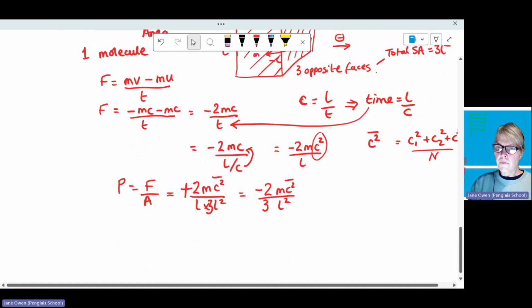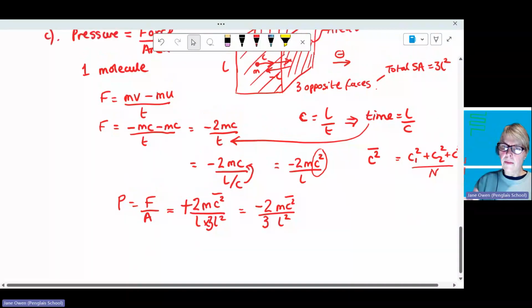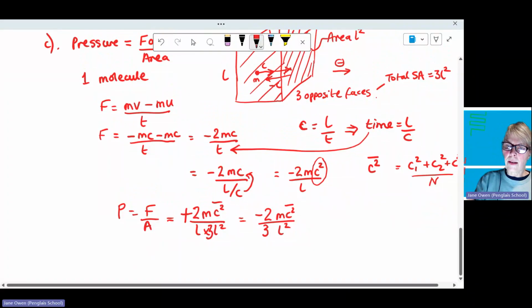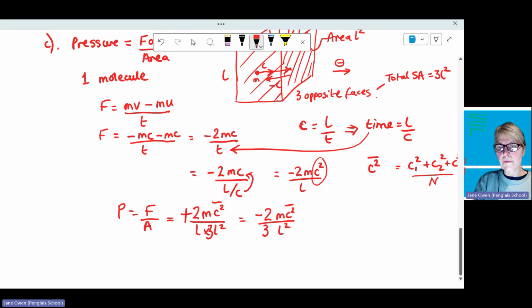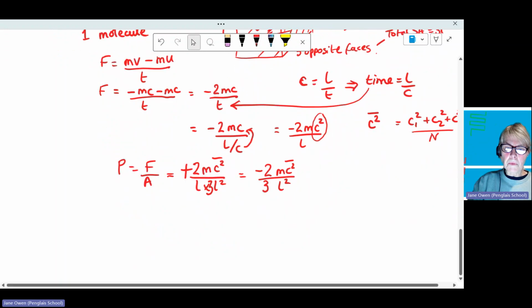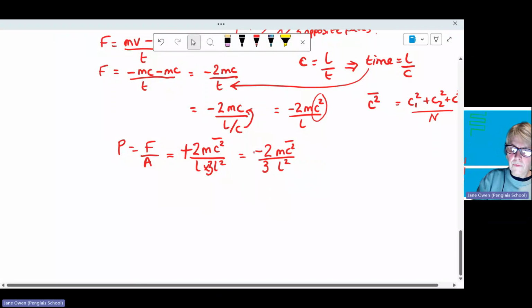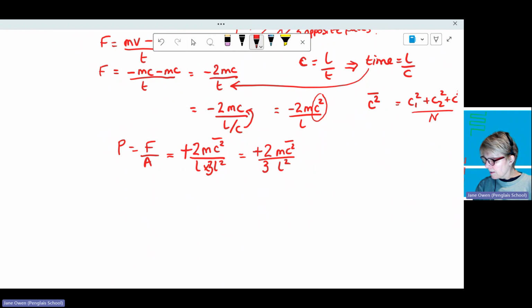If we've taken this direction as negative, then the force of the particle on the wall will be negative, so the force of the wall back on the particle will be positive. Hence, the positive comes out there.